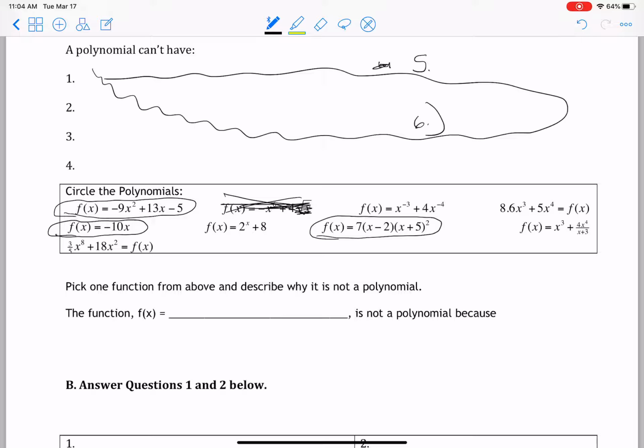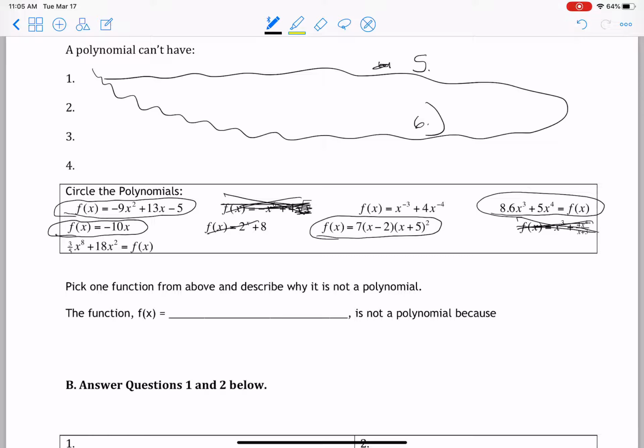Okay? It says polynomials cannot have division with x in the denominator. Ooh, that knocks this bad boy out right here. I can't have that. You know what? This is a clear polynomial. You can have decimals and regular exponents, so that's a clear polynomial. Let's see. I know that polynomials can't have x as an exponent.